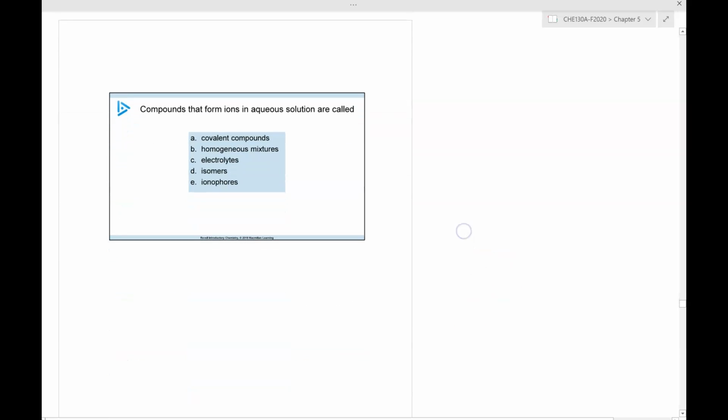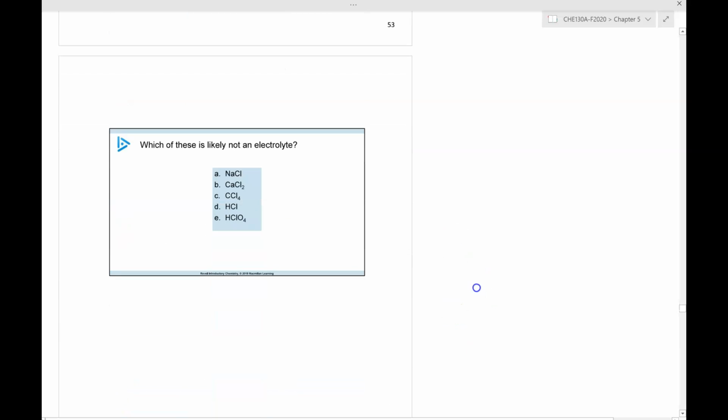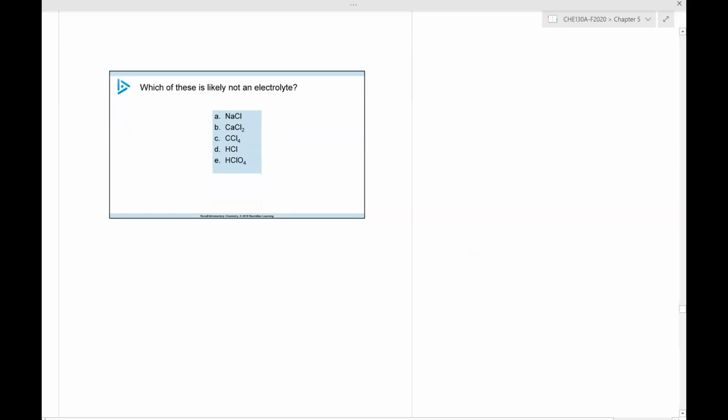Feel free, by the way, when we come to these questions, if you want to pause the video and try to answer it before I jump in with the answer. That's probably good practice for you. Compounds that form ions in aqueous solutions are called electrolytes. And of course you've heard of how important electrolytes are to us. So now we're looking for one that's not an electrolyte. That means it's not going to dissolve in water, which means that it's not ionic.